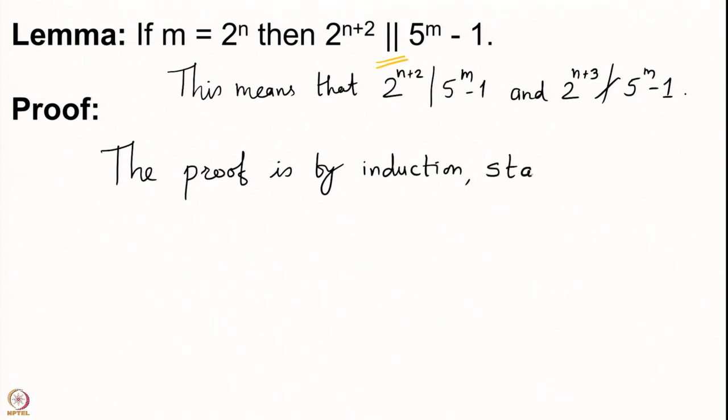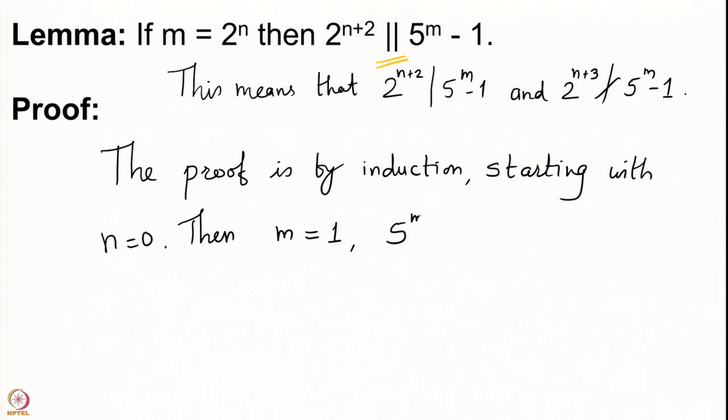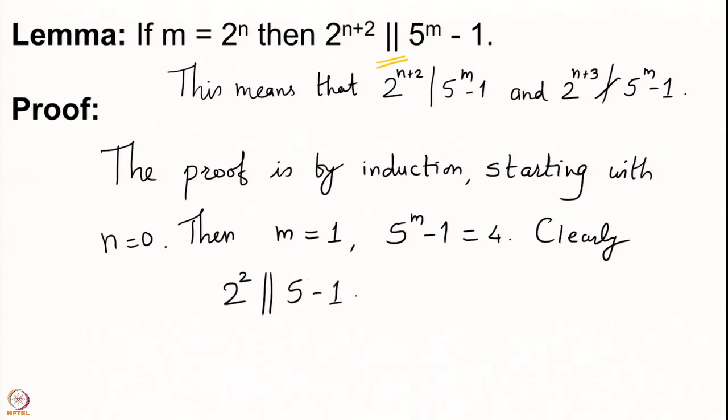Starting with n equal to 0, we then have m is 1, 2^0, and 5^m minus 1 is 4. So, clearly 2 squared is the exact contribution of 2 to the number 5 minus 1. So, the case n equal to 0 is done.